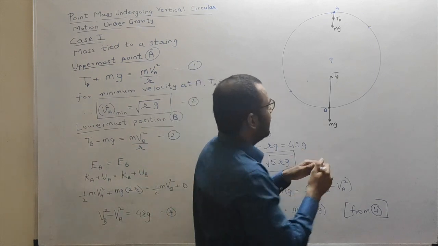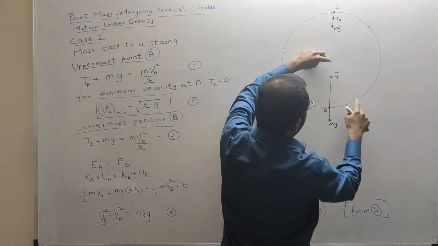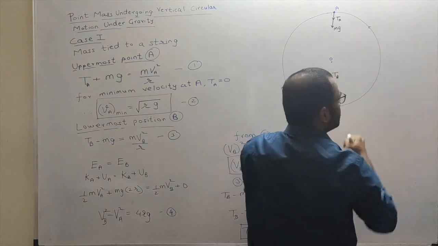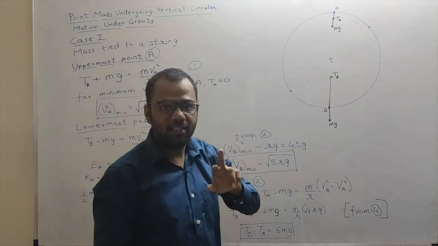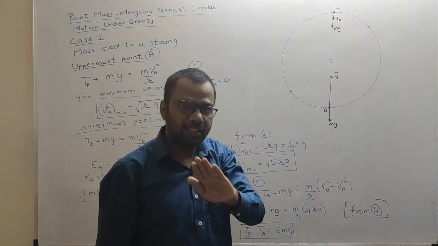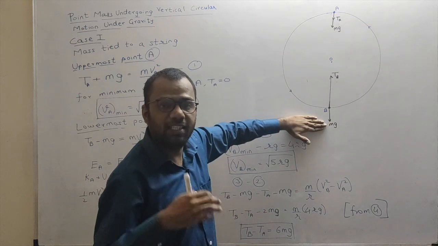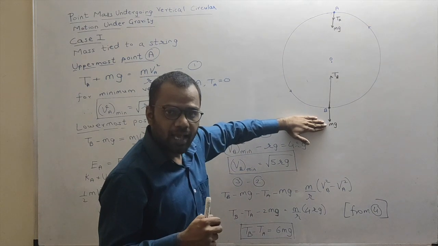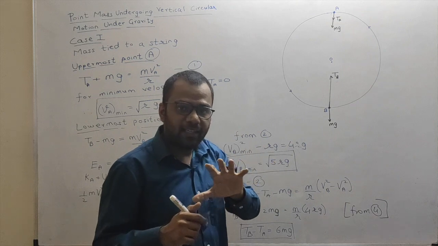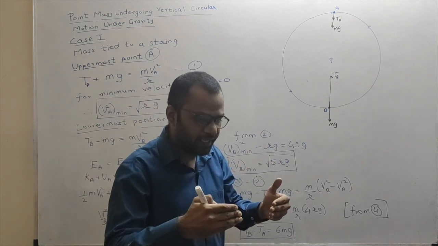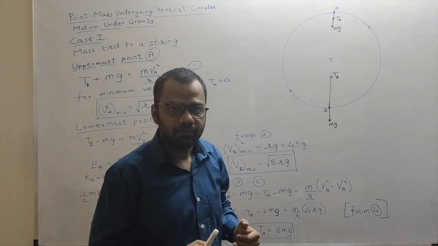Getting this? Now in every case the displacement is perpendicular to the force, that is the tension in the string, and hence the work done by the tension is 0. The only work done is by the gravitational force, which is a conservative force, and hence the total mechanical energy will remain conserved. That means kinetic energy plus potential energy will be constant.